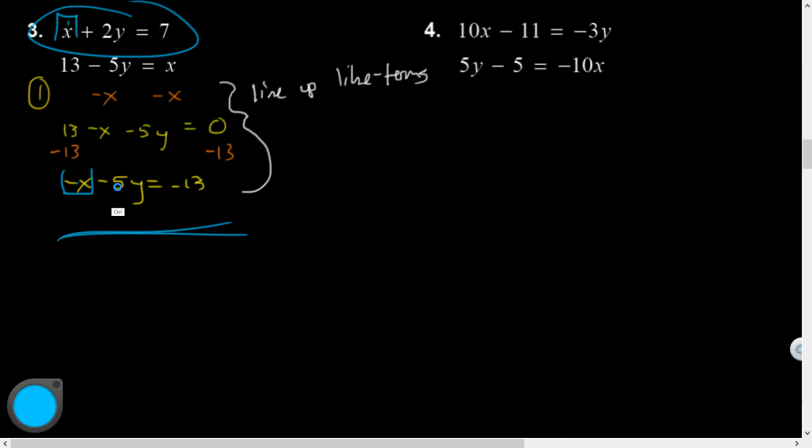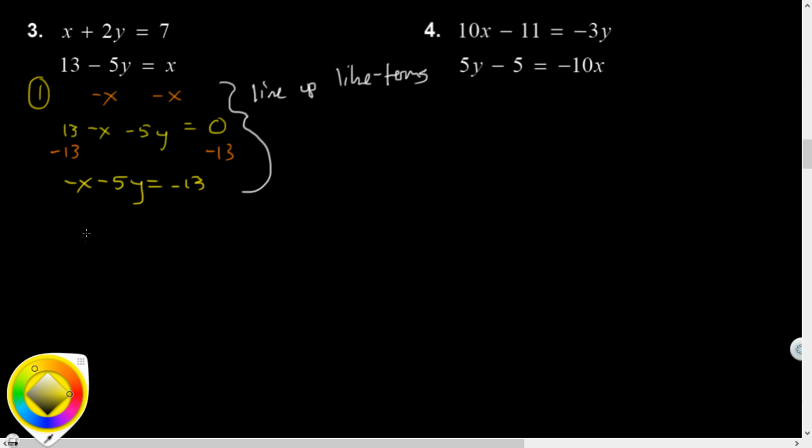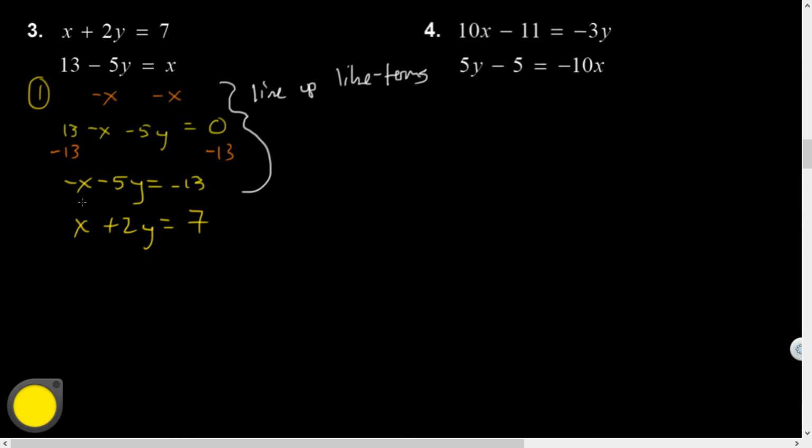So I'm going to recommend we rewrite this equation right here: x plus 2y equals 7. And notice that all of my like terms are lined up, and my equal signs.